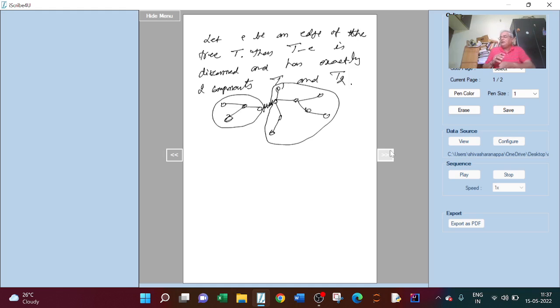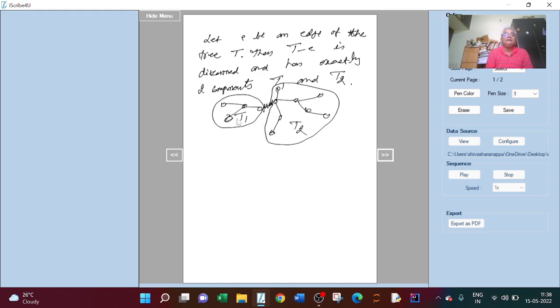So we get exactly two trees in T minus E. Suppose this is our T1 and this is our T2. Now what is this T1? T1 is a tree with less than P vertices and T2 is a tree with less than P vertices.